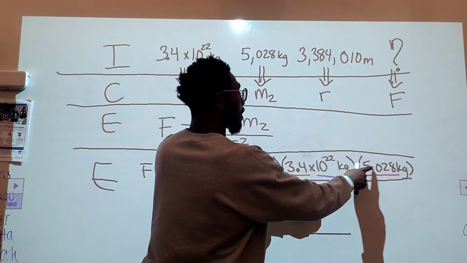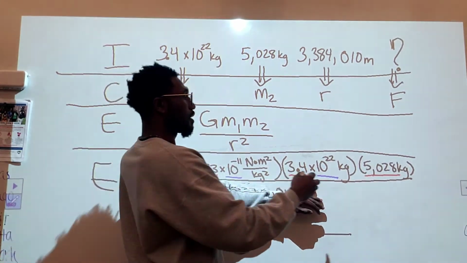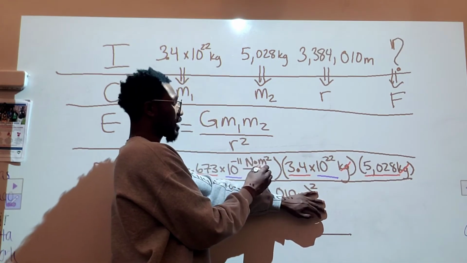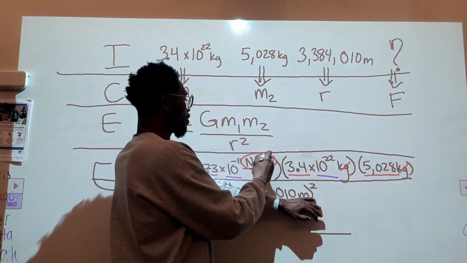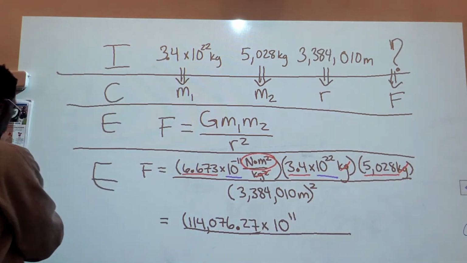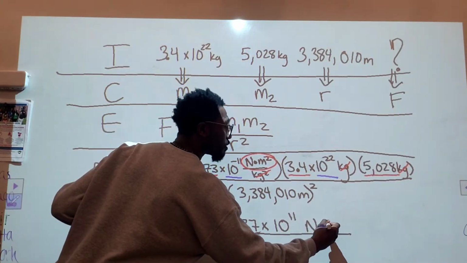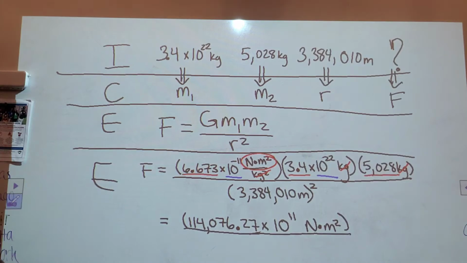I also have 2 kilograms being multiplied in the numerator. I can cancel those out. So that's 1, 2 kilograms. So I get to cancel out the kilograms to the second power. That means my new unit for the numerator is going to be newtons times meters squared. Okay, it's my new unit for the numerator.